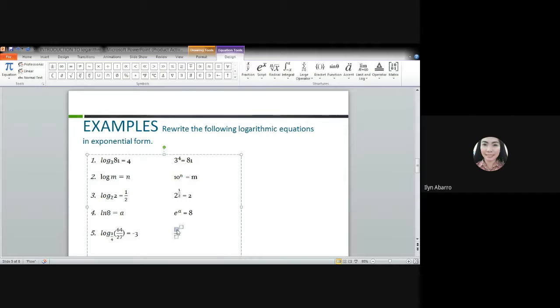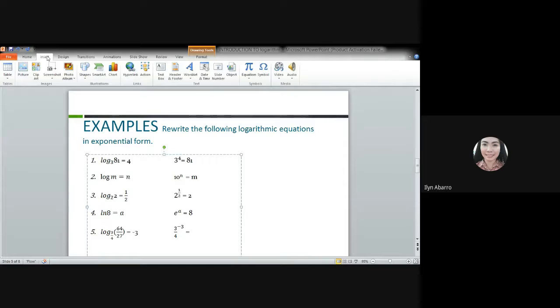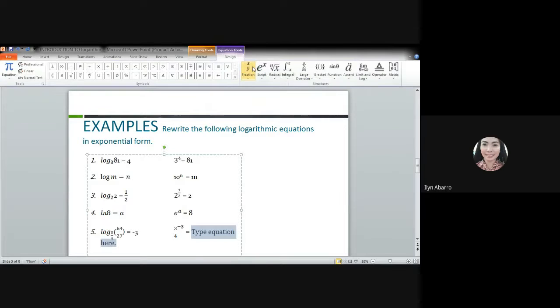So our base is 3 over 4. Our exponent is negative 3. So, yan, negative 3 is equal to the logarithm of 64 over 27. Okay, yan. So, nakikita nyo yung struggle ko pag nagpe-prepare ng ating lesson. So, that is 64 over 27. So, that is the exponential form of the number 5.